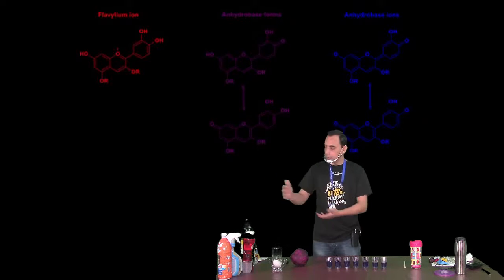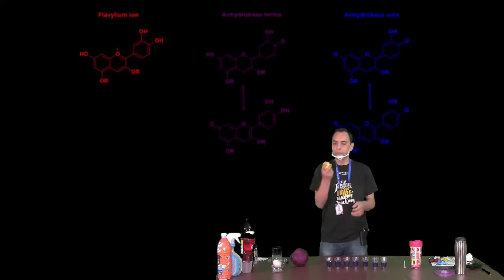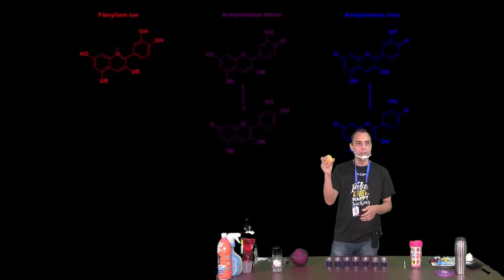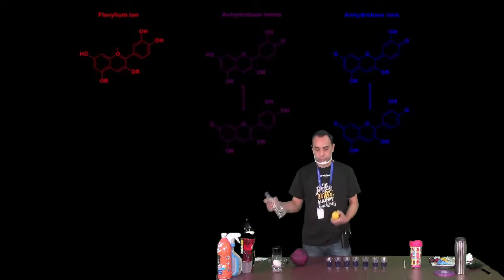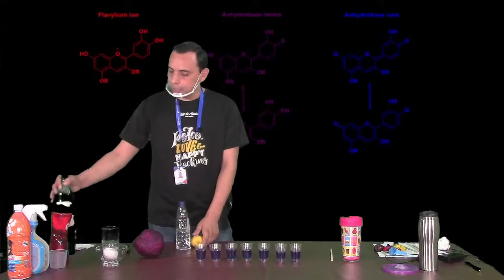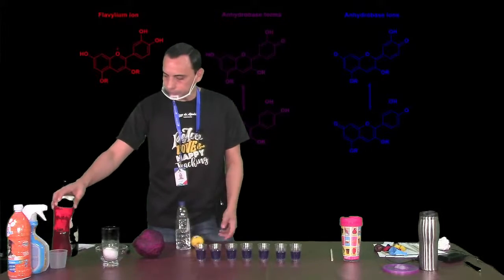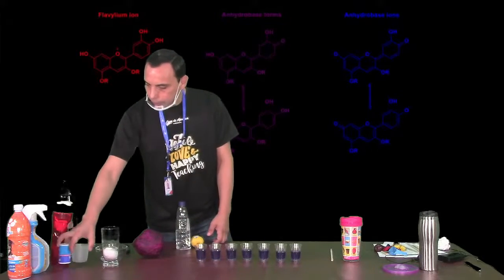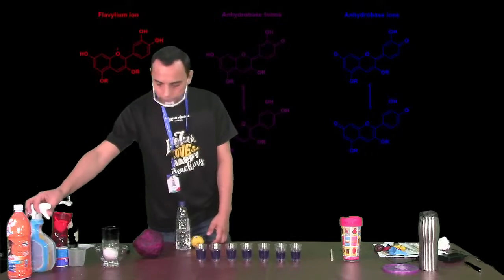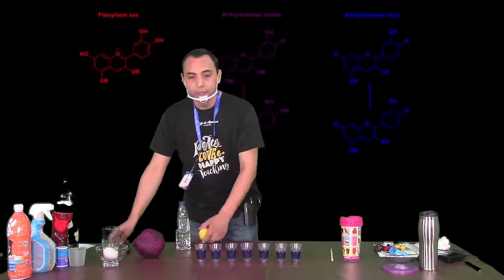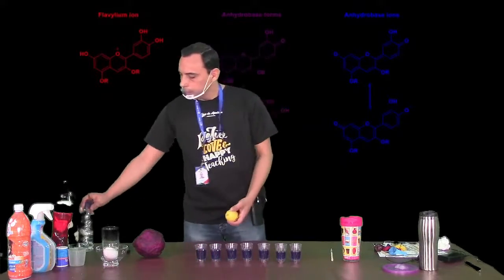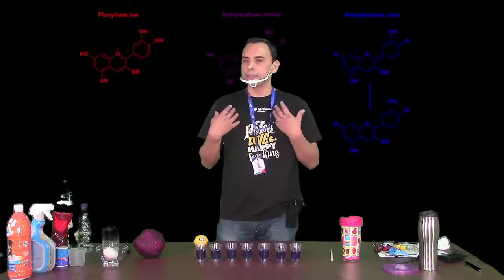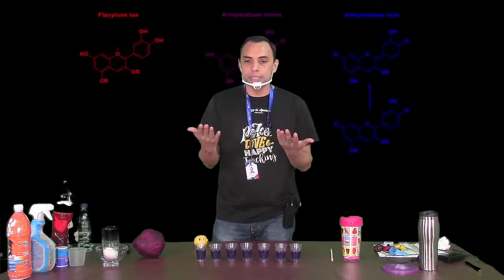Ta-da! So if you wondered if a lemon is kind of acidic or basic, we have also vinegar, a soda, we have water, we have sodium bicarbonate, and some cleaners, okay? Now I'm going to start with the first one. Remember, this is, maybe I didn't mention before, the pH scale.